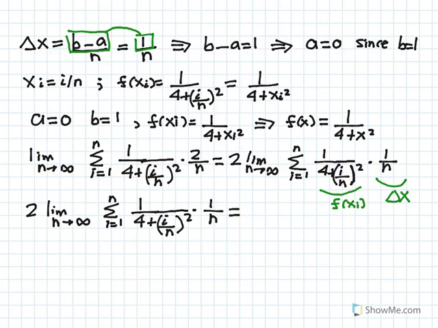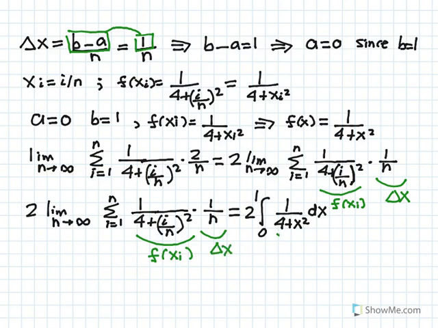This is equal to 2 times the definite integral from 0 to 1 of f of x, which is 1 over 4 plus x squared, dx. So this part here is f of xi. 1 over n is delta x. In a definite integral, this part, 1 over 4 plus x squared, is f of x, and this is just dx.